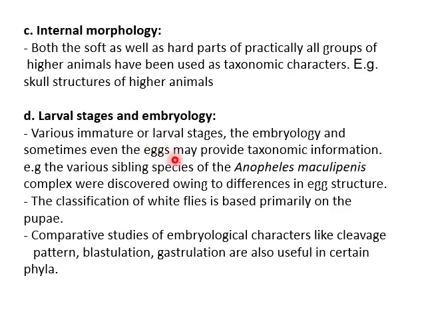The eggs and structure of embryo development also provide the most important taxonomic information for distributing animals into their different taxa.